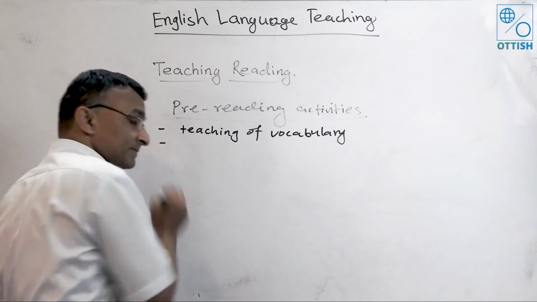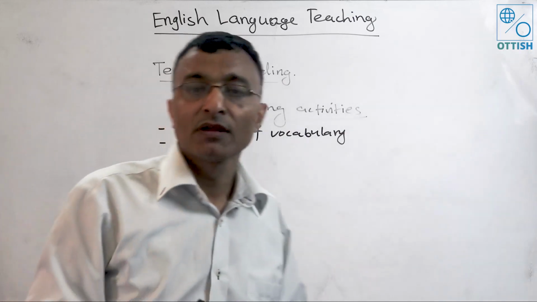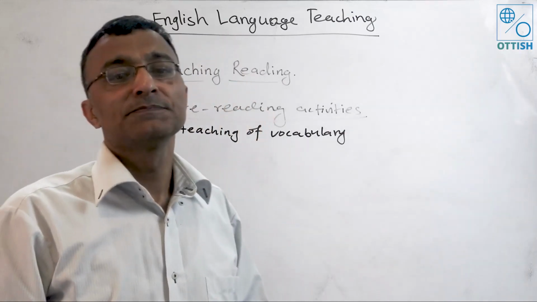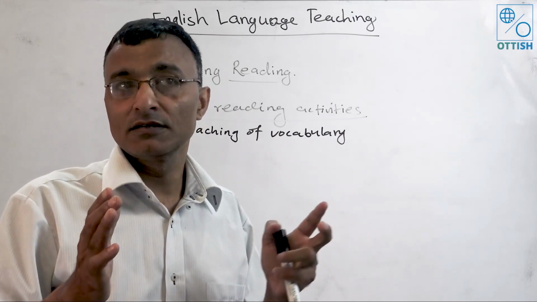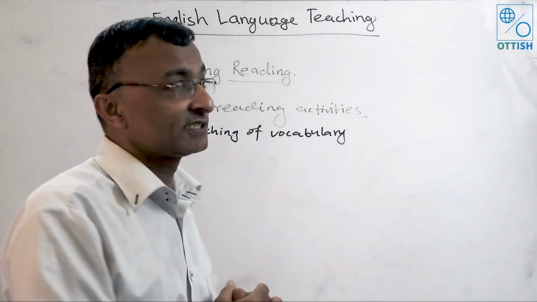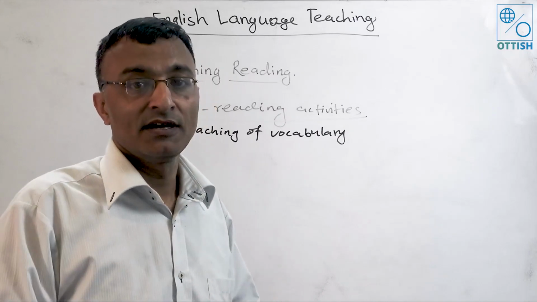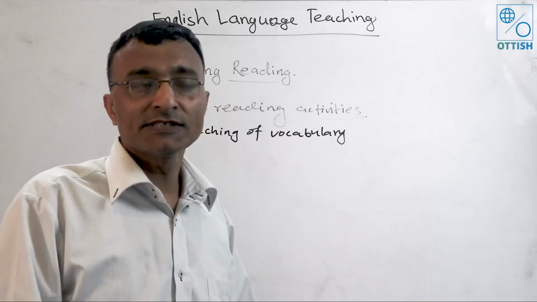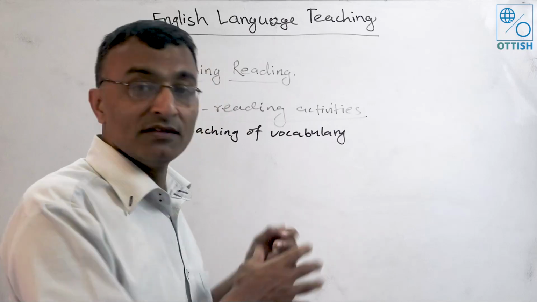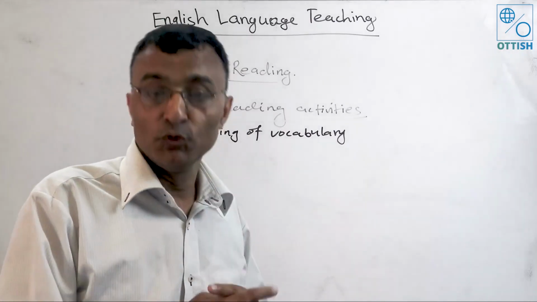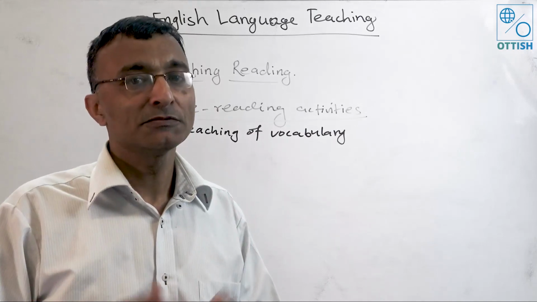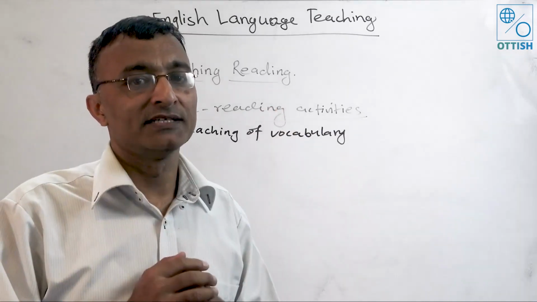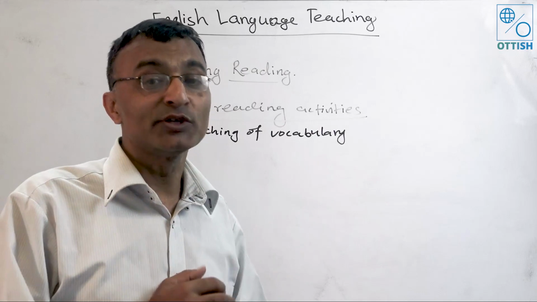Another activity is picture describing. Generally, a picture related to the text is presented, and from the pictures or views, the students make up their minds and start to guess.